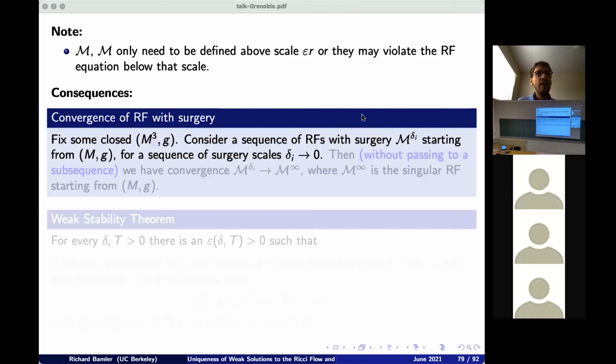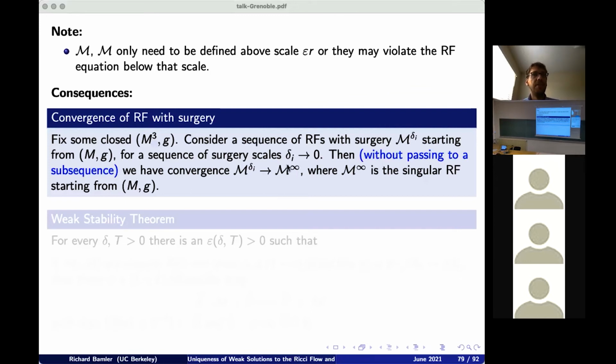Now I can apply the strong stability theorem to these flows and to the corresponding singular Ricci flow starting from this manifold. And I obtain convergence of the Ricci flows with surgery to the singular Ricci flow, convergence in the sense that there are these comparison maps.